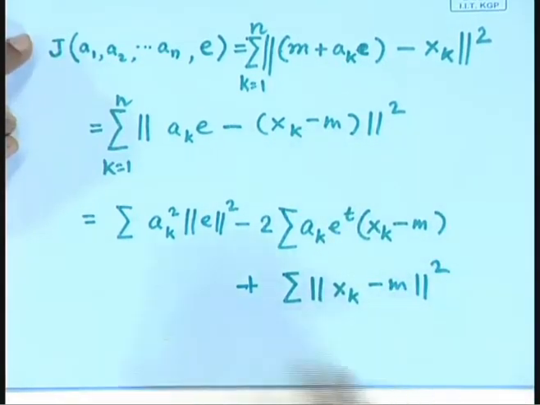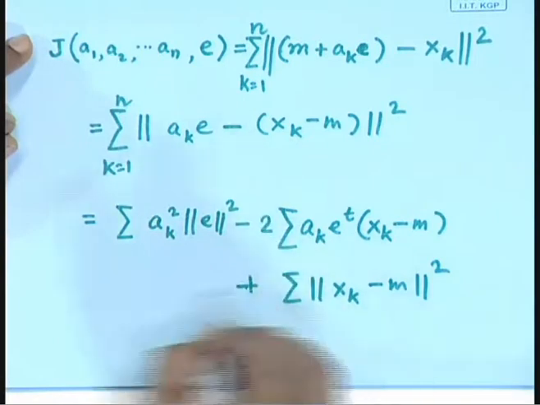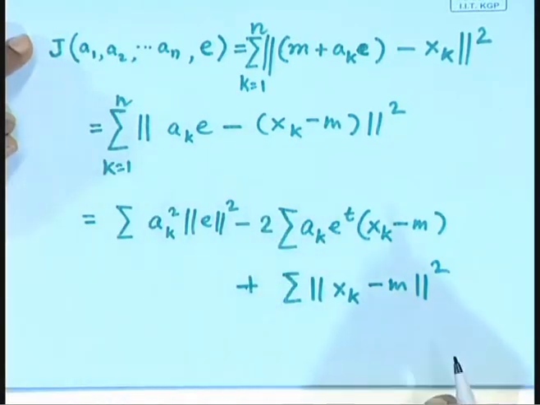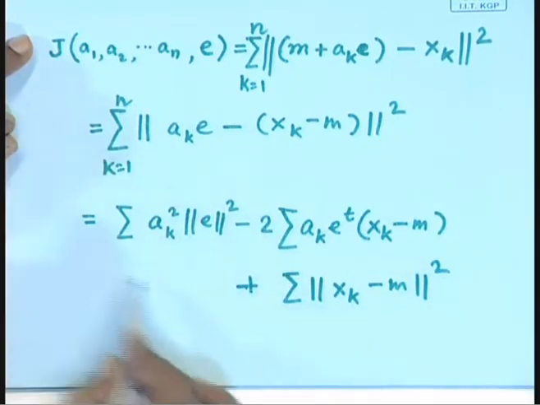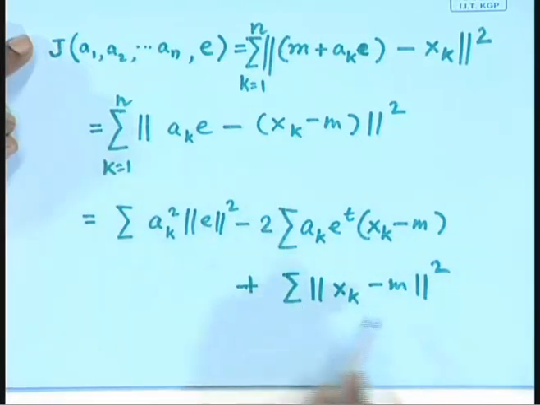I am not writing the limits of summation; the limit is k varying from 1 to n. So, this is my sum of squared error.